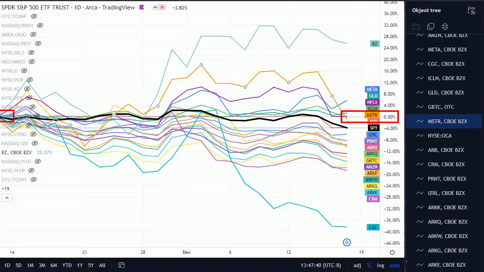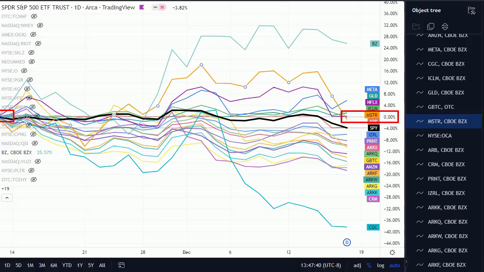When you've got profits, lock them in. Don't allow it to go back. Sure, you would have technically outperformed the S&P by 3%, but you wouldn't have made any money, because the S&P is down 3% and MicroStrategy is back to zero. So who cares, right? It's a little bit of a benefit, but exits become part of this.